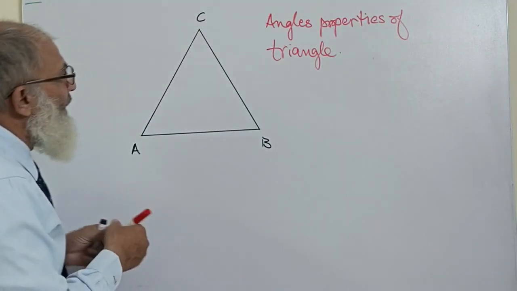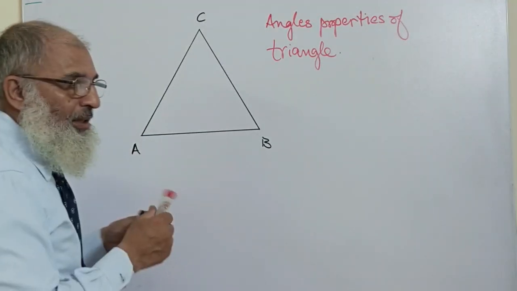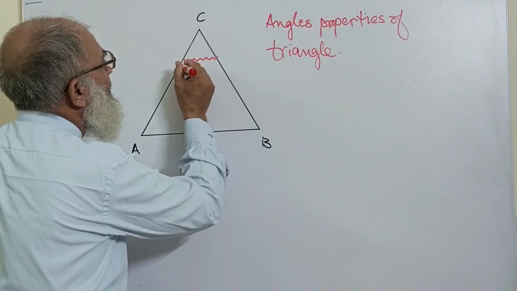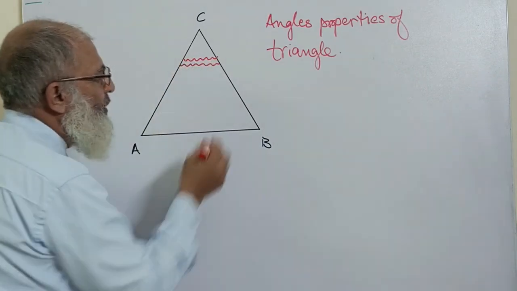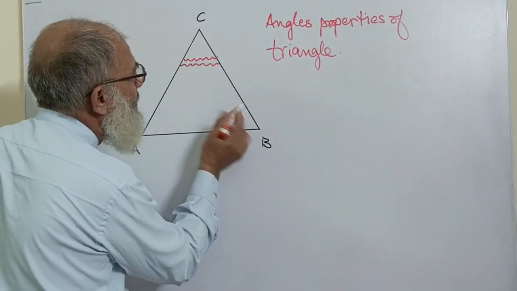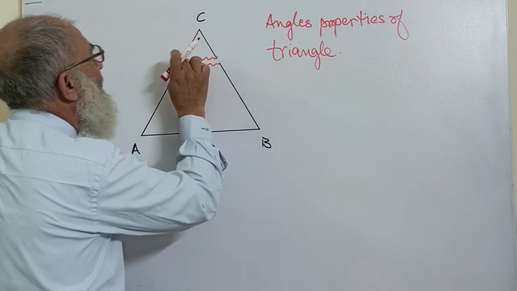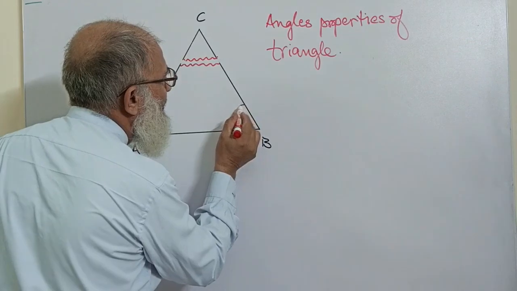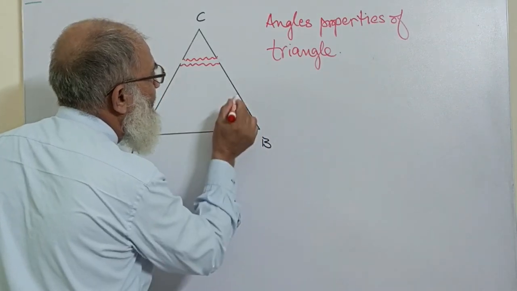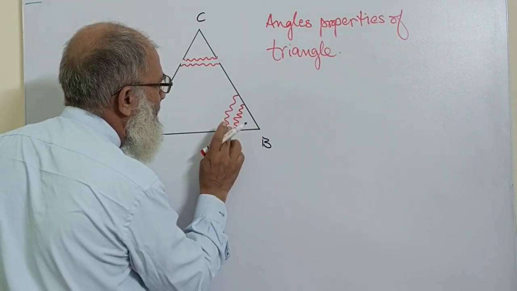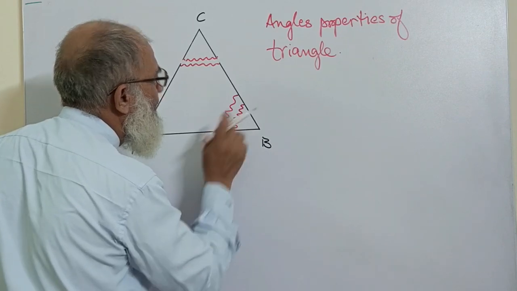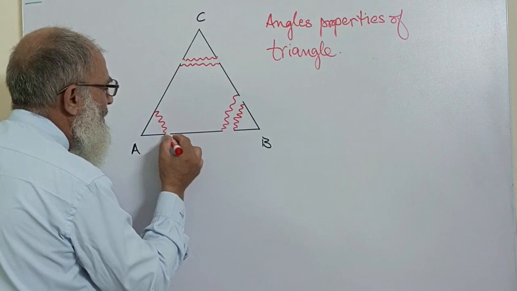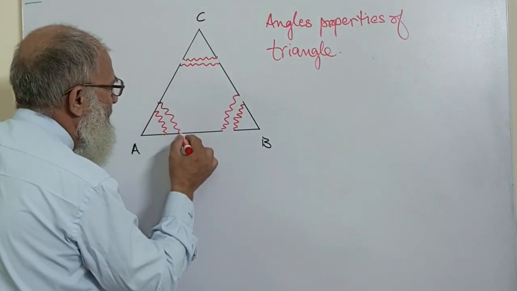If I break this triangle, break these angles from here, let me break. Okay, this is broken now. Let me separate this angle also from here, and let me separate this angle from here as well.